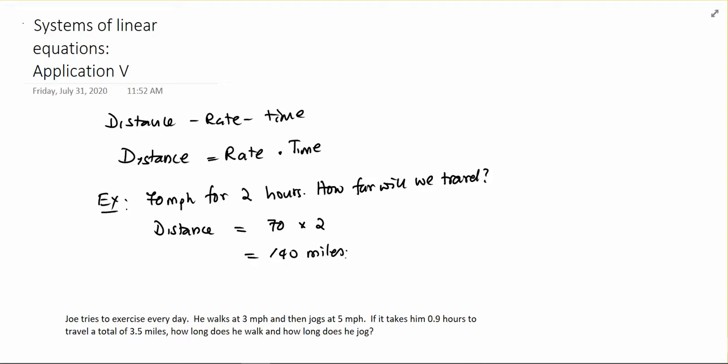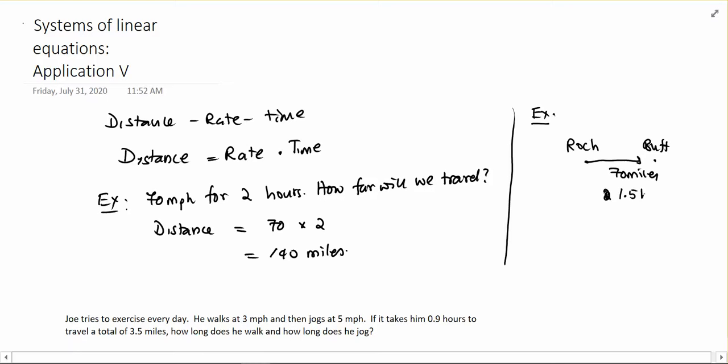Here's another way to think about it. Let's say you're traveling from Rochester to Buffalo, and that's about 70 miles. It takes you 1.5 hours.